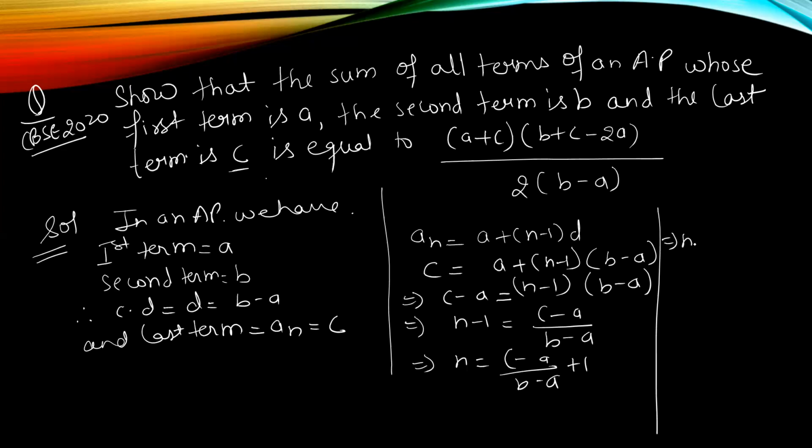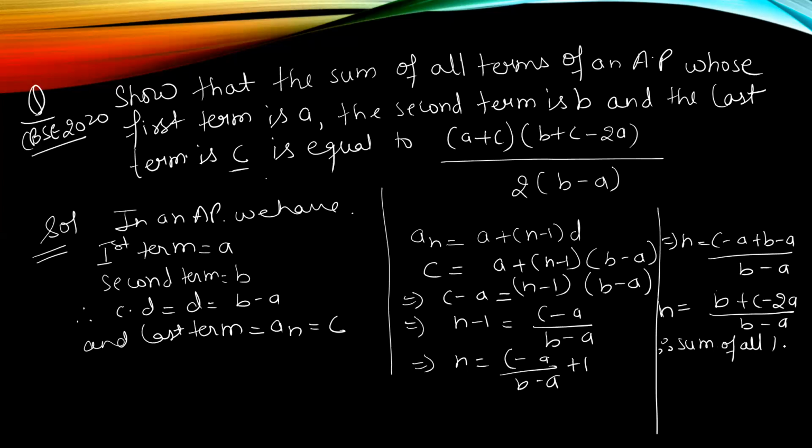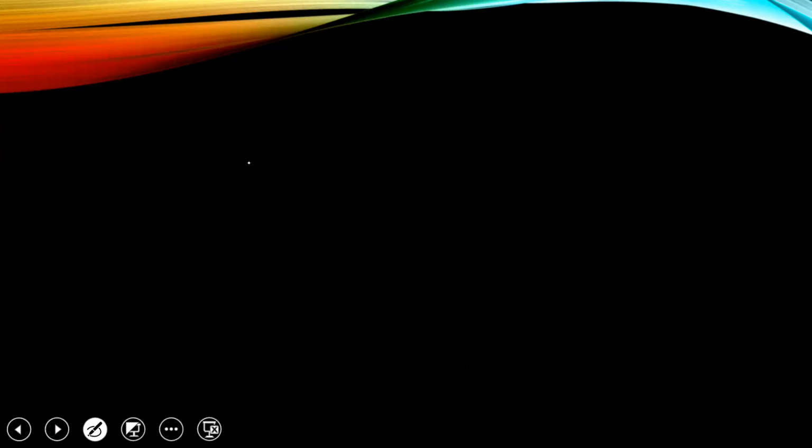Which implies n is equal to, just quickly solving, (C minus A plus B minus A) over (B minus A). I've taken the LCM, that's all. So what we are getting is (B plus C minus 2A) upon (B minus A). So this is the value of n, right? Therefore, the sum of all terms of an AP will be, just shifting to the next page since we lack space here, what is the formula?